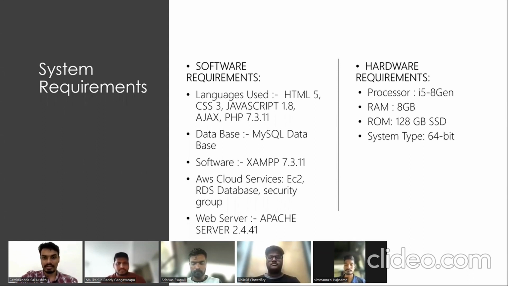The database we have used is MySQL, and the software is XAMPP, which is a server. We have used AWS cloud services like EC2, RDS database, and security groups. We have changed some file permissions too. The web server we have used is Apache Server 2.4.41, and the general processor requirement is i5 8th generation, RAM should be 8 GB, and ROM 128 GB. It's a 64-bit system type.